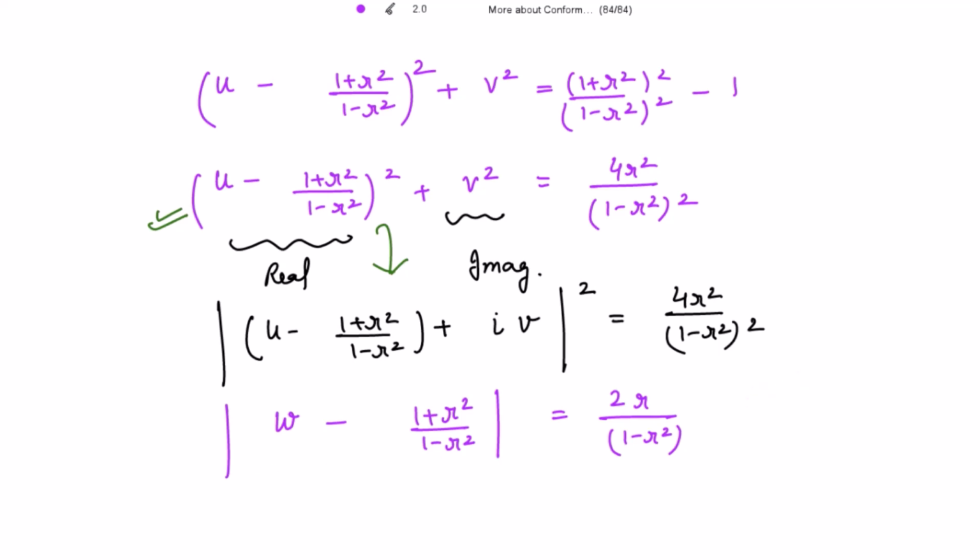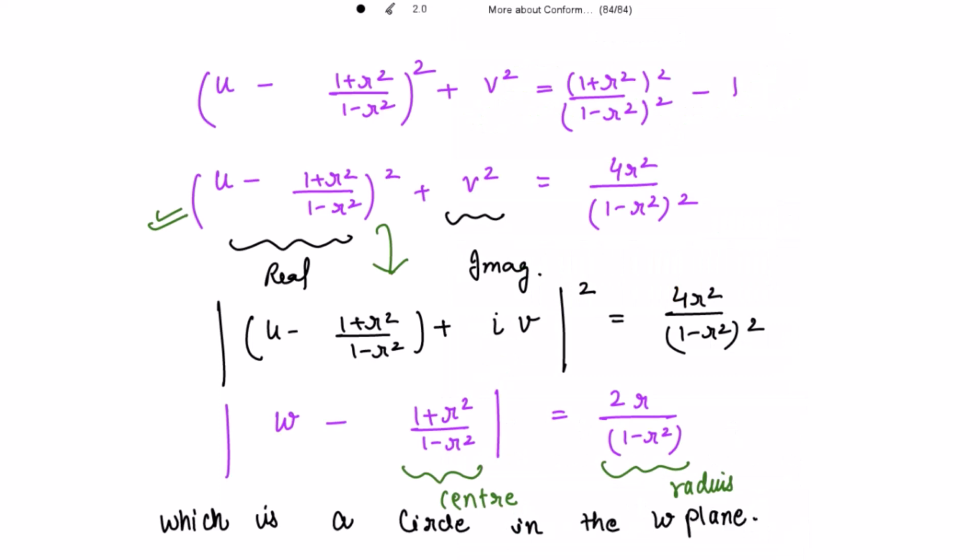Yes, so this is nothing but a circle in the w plane with center (1 plus r square) over (1 minus r square) and the radius 2r divided by (1 minus r square). So this is your circle in the w plane. So the concentric circles mod z equal to r are transformed into this circle in the w plane.